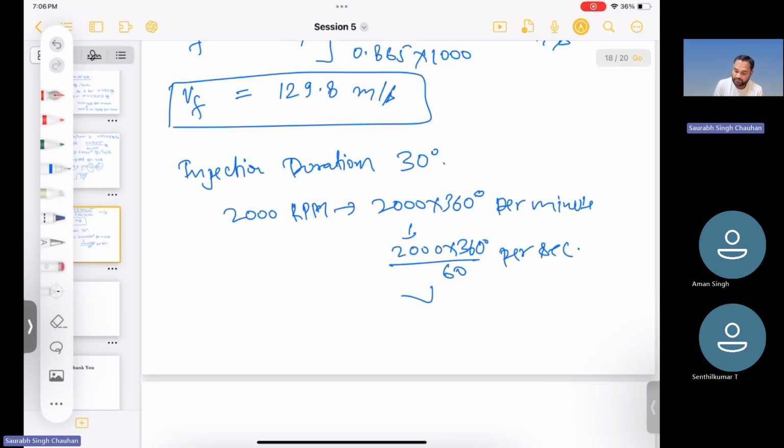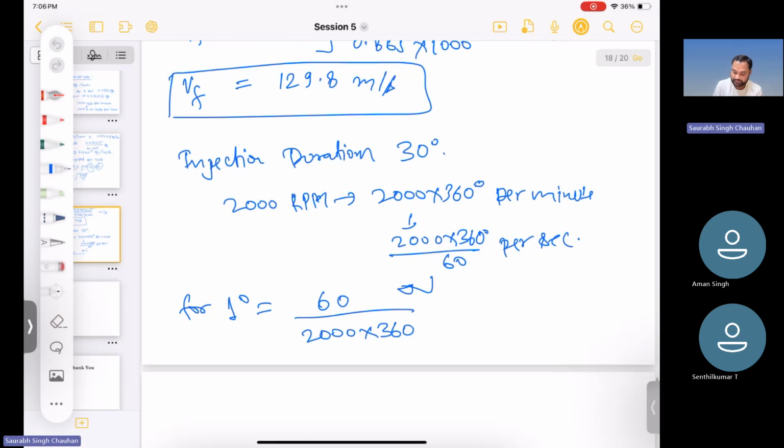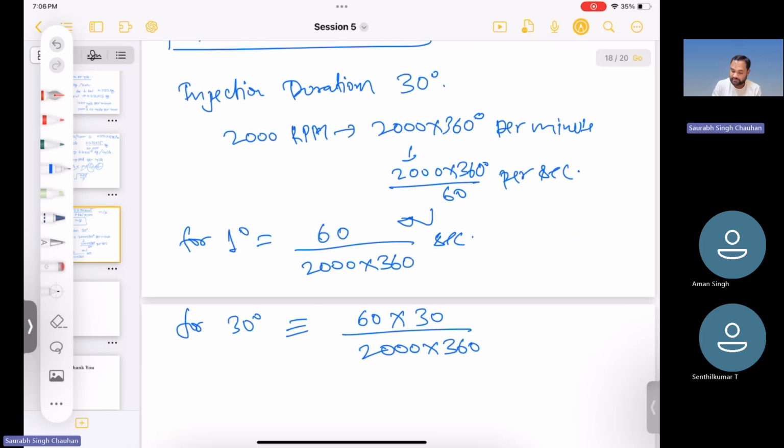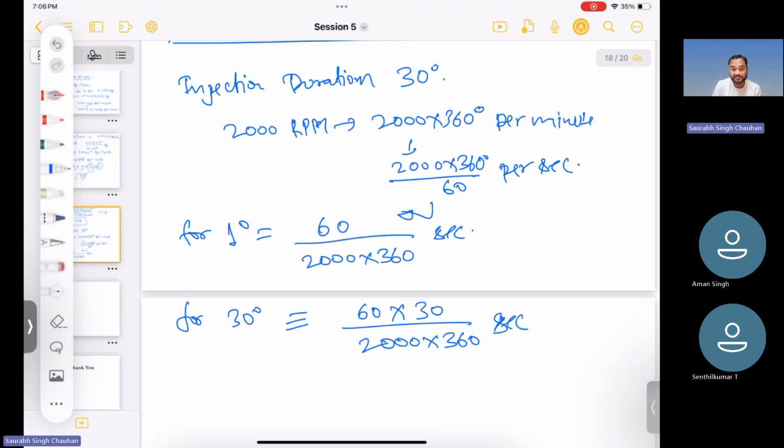So for 1 degree it is 60 divided by 2000 into 360 seconds. So for 30 degrees, 60 times 30 divided by 2000 divided by 60 seconds. This will be the injection duration in seconds.